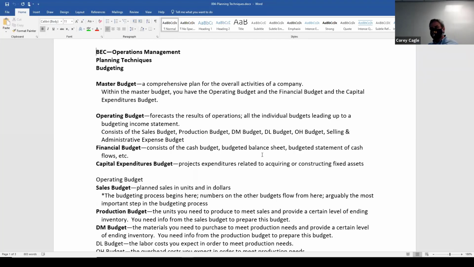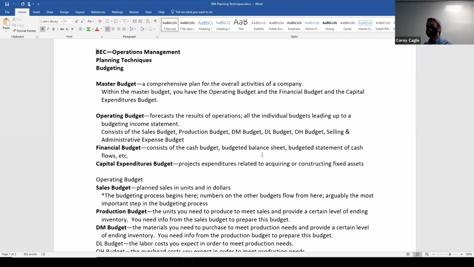Operating budgets are the budgeted income statement and everything leading up to it. However, your book stuck the budgeted income statement somewhere else. So there are a lot of inconsistencies across different texts, which stinks. But you're fine thinking of it as operating budget, everything leading up to the budgeted income statement.